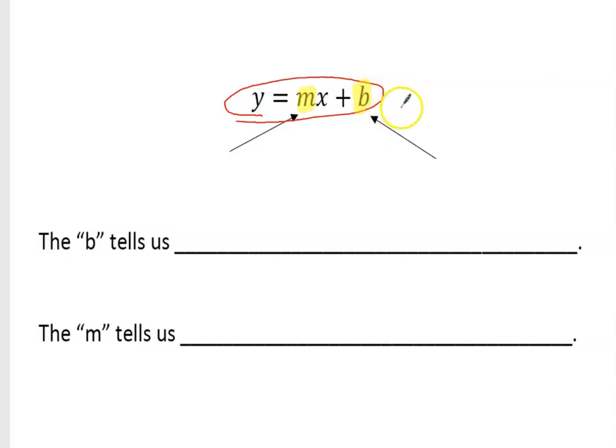So the constant, which is the b, is going to be what is called our y-intercept. And for all intents and purposes, this is going to be our starting point. So we are going to start at that number on the y-axis. So it's going to be 0, comma b.